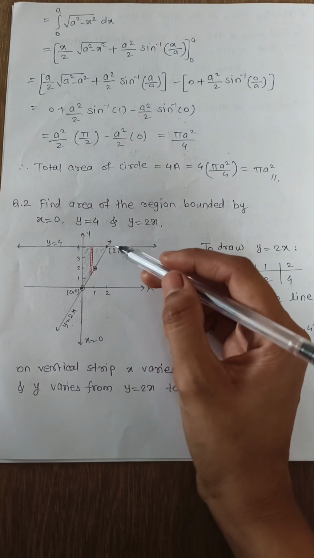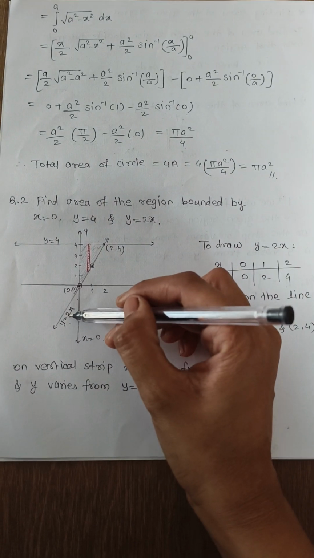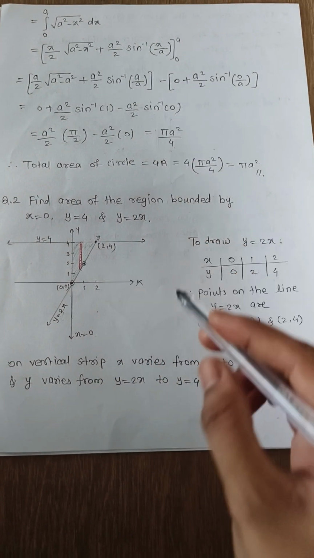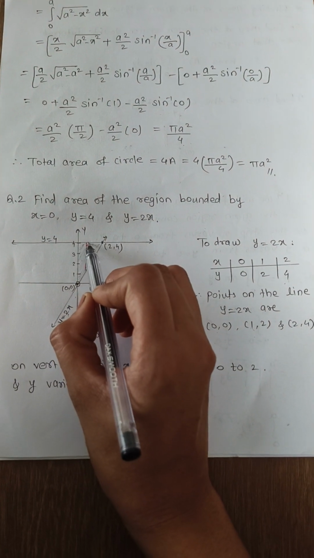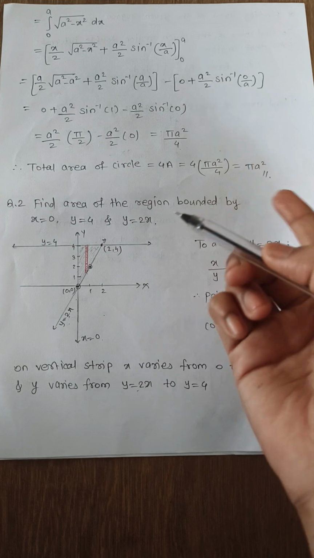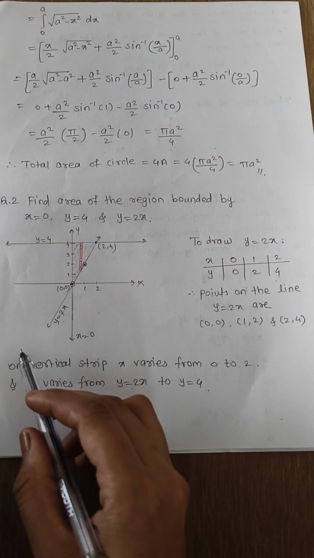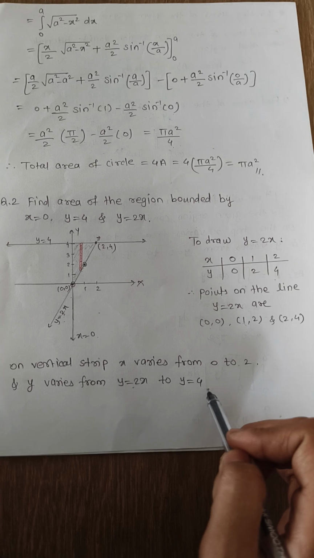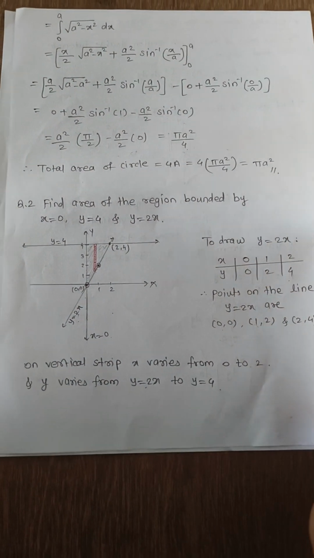The lower end is on the line y is equal to 2x, so the lower limit for y is 2x. The upper end is on the line y is equal to 4, so the upper limit for y is 4. This is the main important part, obtaining the limits from the given diagram. So these are our required limits.